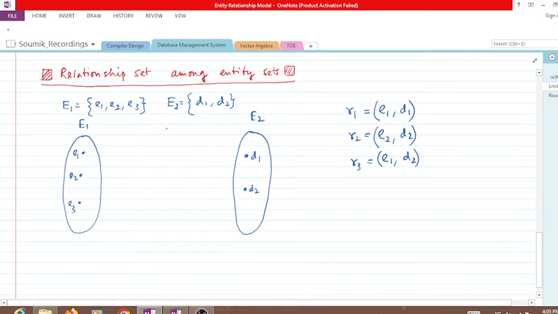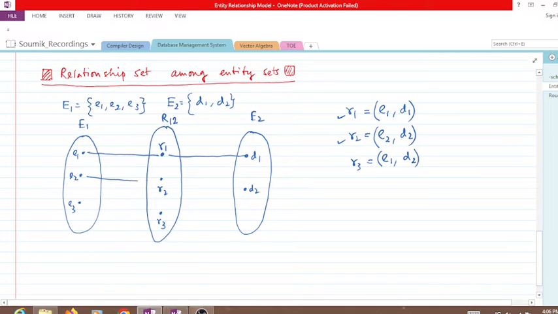So we can think of a relationship R that exists between E1 and E2 which contains three elements R1, R2 and R3, where R1 is the association between E1 and D1, R2 is the association between E2 and D2, and R3 is the association between E1 and D2.